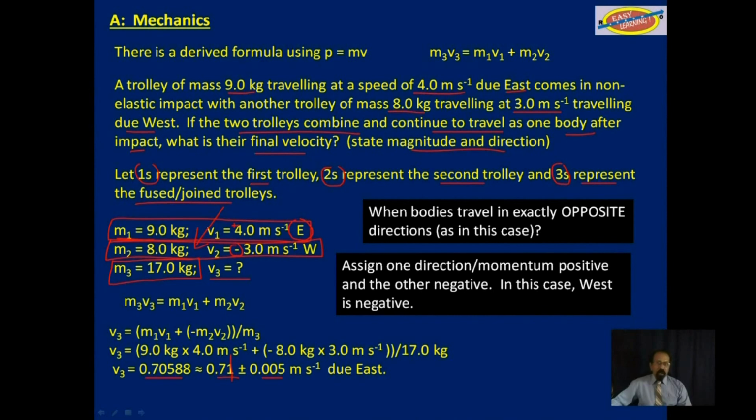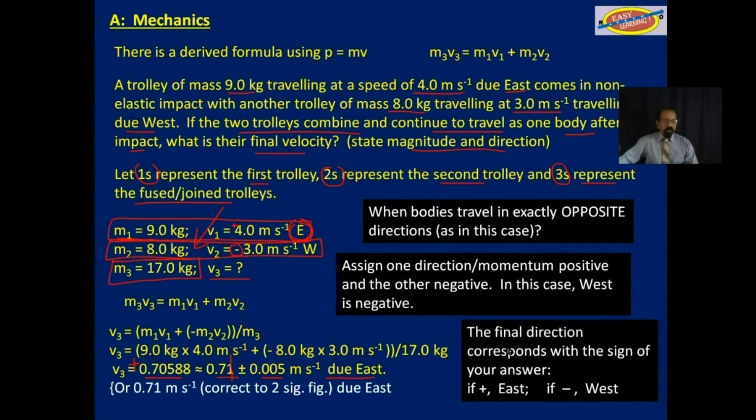And since our answer is positive here, and we assigned east the positive direction, then the trolleys will end up traveling due east. The final direction corresponds with the sign of your answer. Positive in this case is east, negative is west. Our answer here is positive, so it is traveling east.